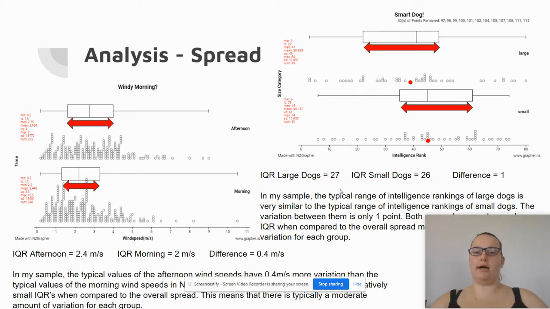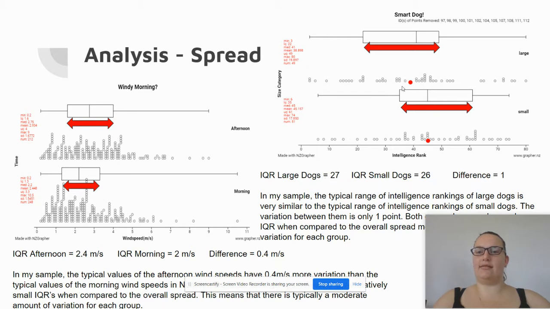If we look at the IQR and the spread of the smart dog example, we can see that the IQR for large dogs, or the interquartile range for large dogs, goes from 22 up to 49, giving us a difference, an IQR of 27.